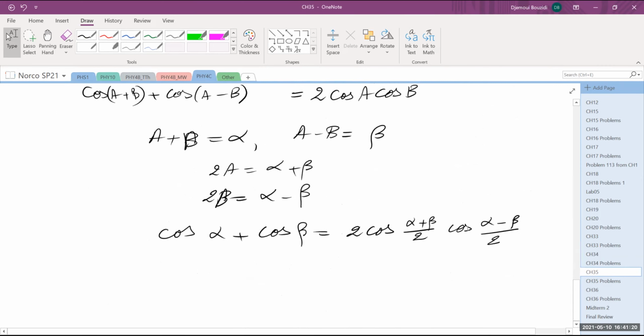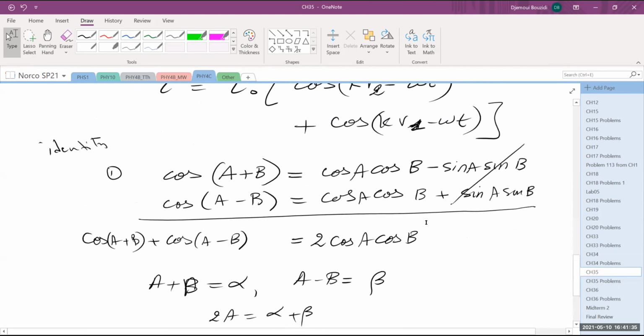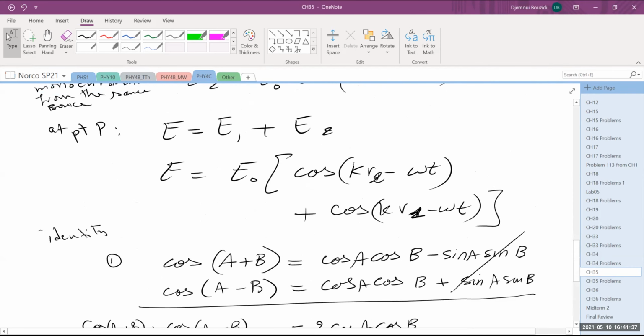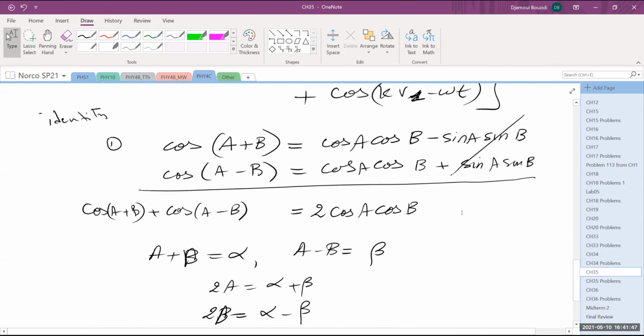Because the cos is an even function, that would not have mattered, because I would have R2 minus R1 in the cos, the same thing as R1 minus R2. So that's why I was hoping not to write it that way. This one doesn't matter, because this one is just the sum divided by 2. So it's going to involve k times R1 plus R2 divided by 2 minus omega t, which is 2 times omega t divided by 2. So it's going to be just minus omega t.